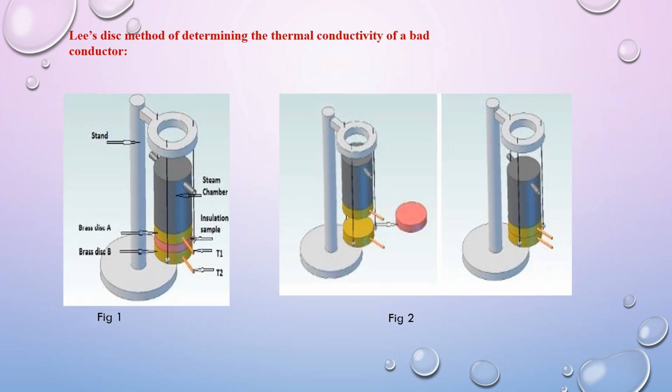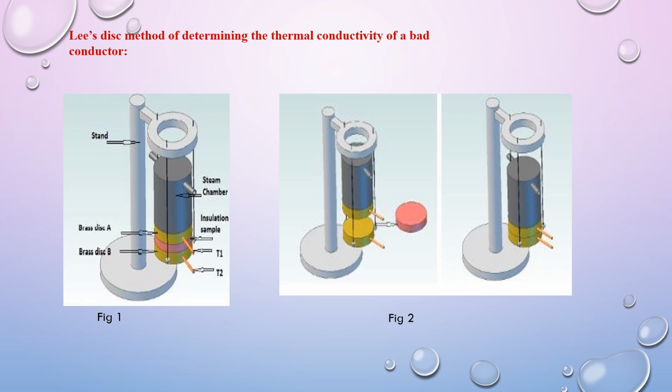The thermal conductivity of a bad conductor is determined by Lee's disc method. The given figure shows the Lee's disc apparatus. The apparatus consists of a circular metal disc D suspended by 3 strings from a stand. Over this rests a hollow cylindrical chamber S of the same diameter.